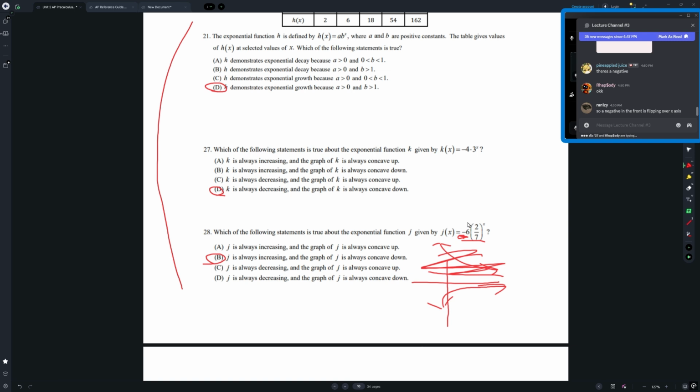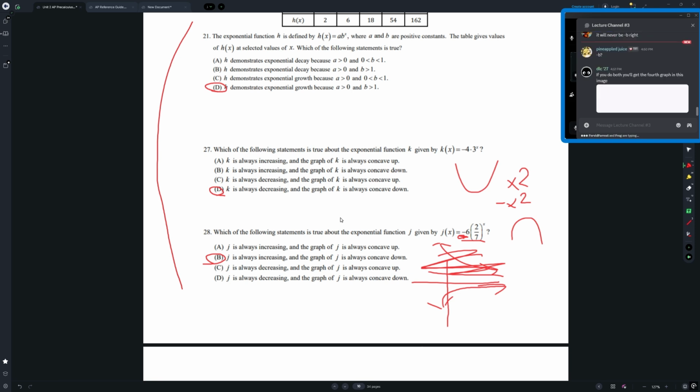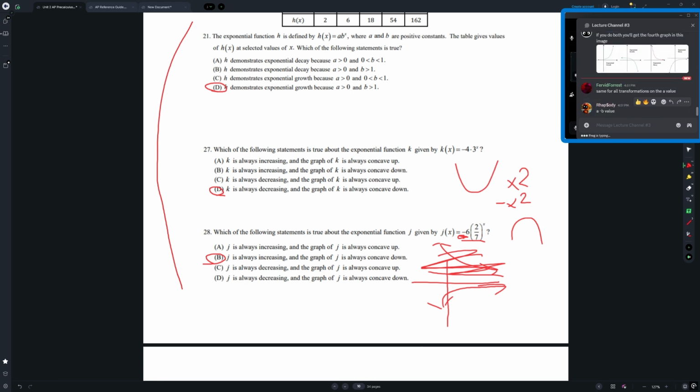Yep. That's the same thing as a quadratic. So if you have x squared, negative x squared is now like this. It shouldn't be a negative b because I don't think a negative b value exists. Yeah, b is supposed to always be greater than 0.